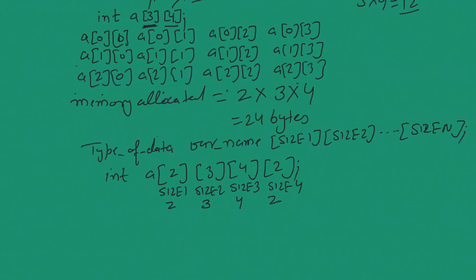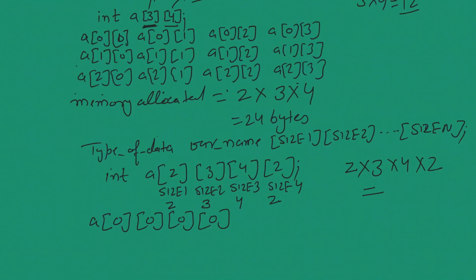If we want to access the first element, it will be 0, 0, 0 and 0. How many elements will it have? The first dimension has 2, second 3, then 4, then 2. So this will be equal to 48 elements.